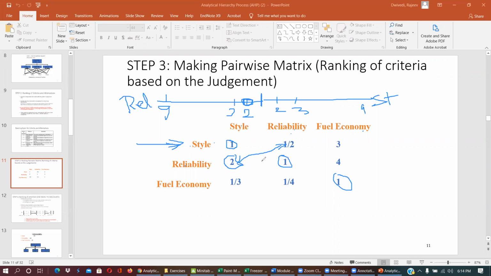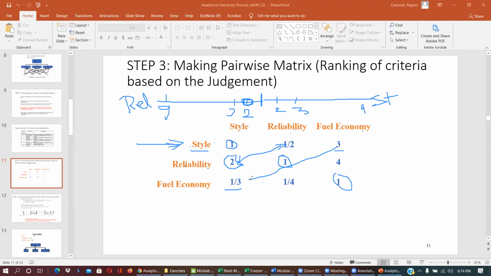You can see this. This is most important, and we make mistakes when we are making this initial pairwise matrix. So normally what happens here, this is half, this is 2. Now look, style is 3 times preferred over fuel economy. So fuel economy is 1/3 preferred over style.